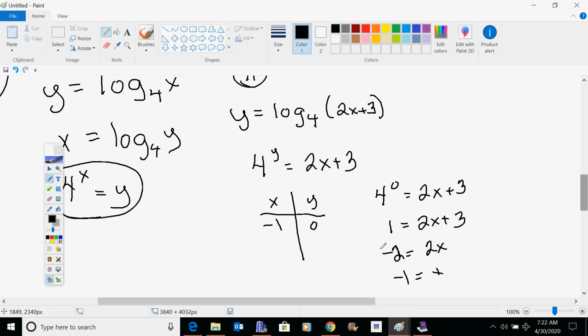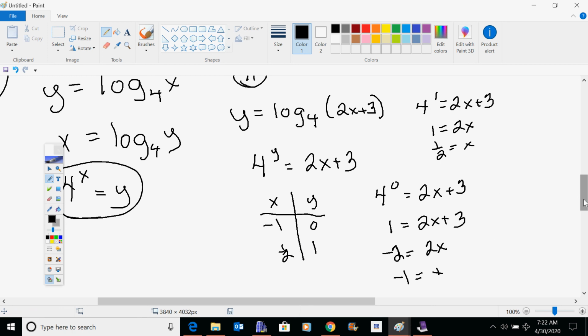There will be one point that would be helpful to us. Then instead of plugging in for x, plug in for y because they're way easier to solve for. So we're going to take 4 to the first power equals 2x plus 3. So 4 minus 3 is 1, divided by 2, so we have a half.